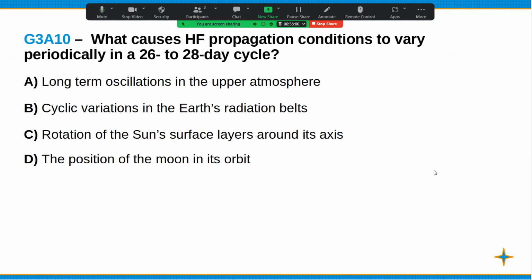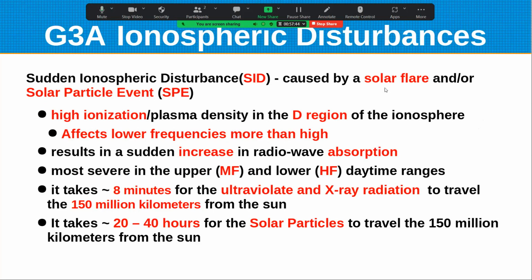So what causes HF propagation conditions to vary periodically in a 26 to 28 day cycle? Sudden ionospheric disturbances, or SIDs, caused by solar flares or solar particle events, where it ejects a lot of particles like protons and other matter.